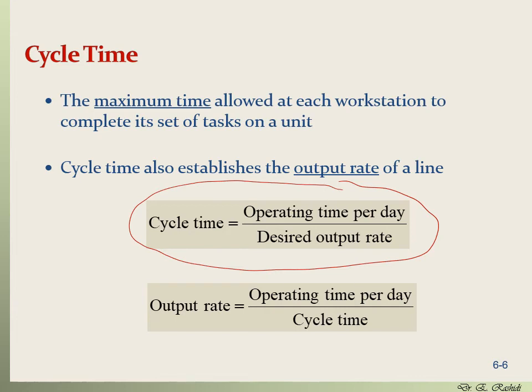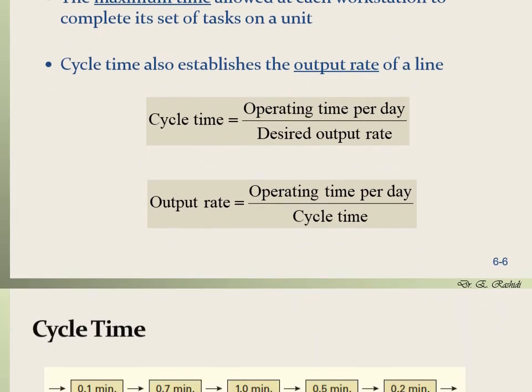And so that means that you need to know the desired output rate to compute the cycle time. Or if you know the cycle time of a workstation, then you can compute the output rate. So the output rate would be the operating time per day, that's how many hours of shift work you have per day, divided by the cycle time of your workstation, and that's going to give you the output rate.